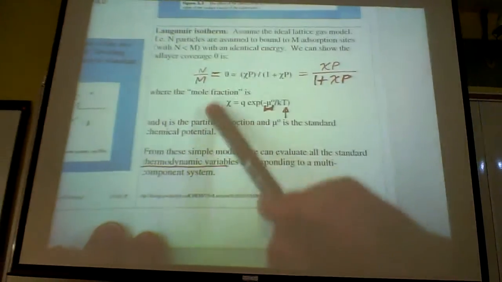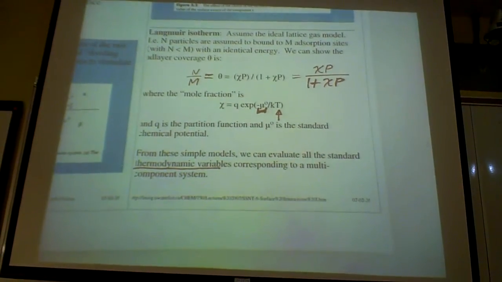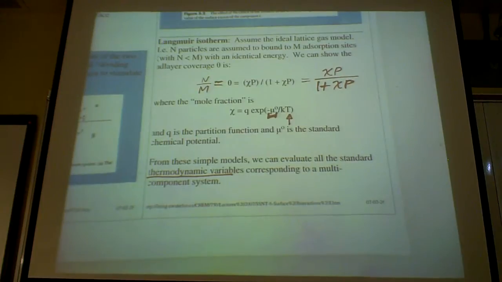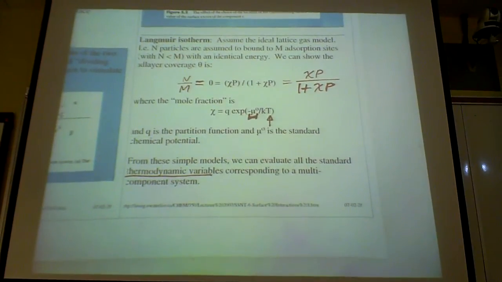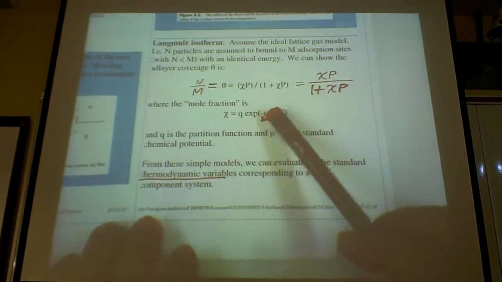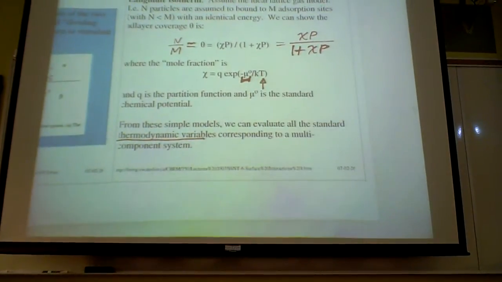And this mole fraction in statistical mechanics can be written as something like this, as some partition function times e to the negative chemical potential divided by RT.